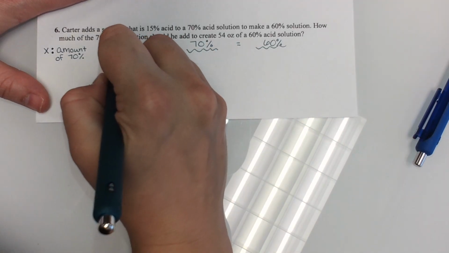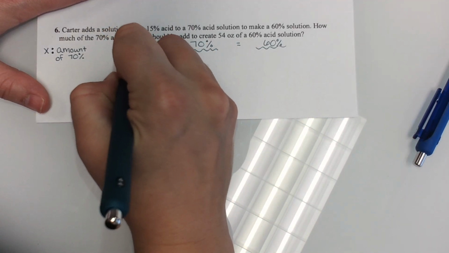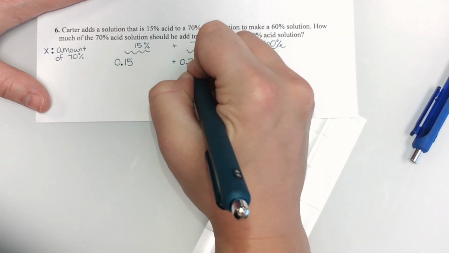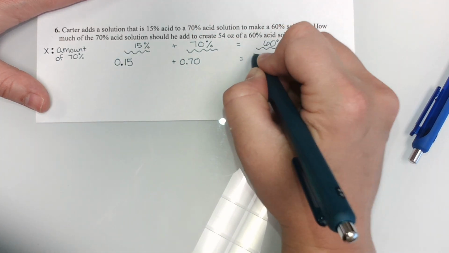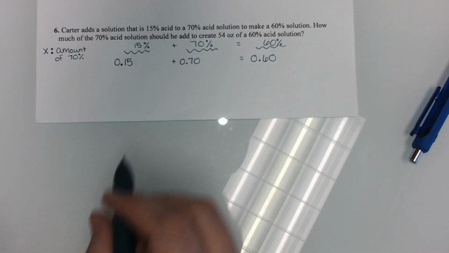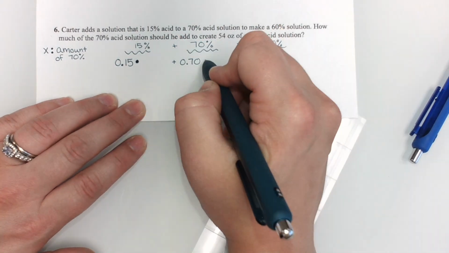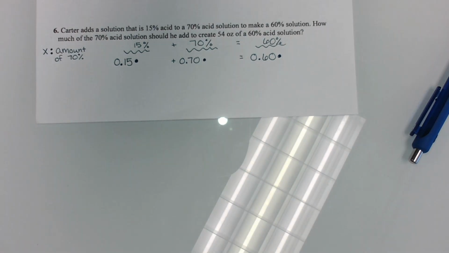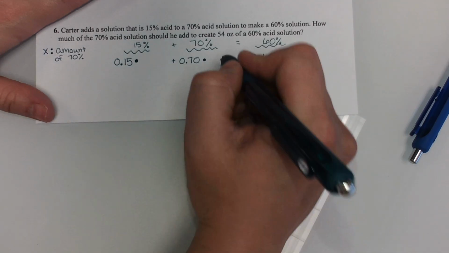Our equations will take the decimal forms of the percentages times their individual amounts. I know I have how much? Well, 70% solution is X, so the 0.7 is getting multiplied by X.